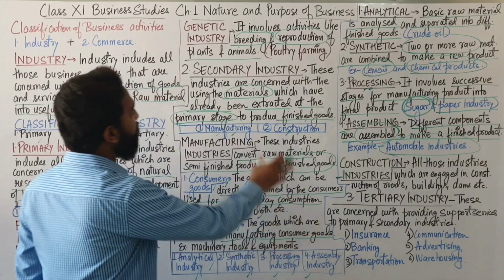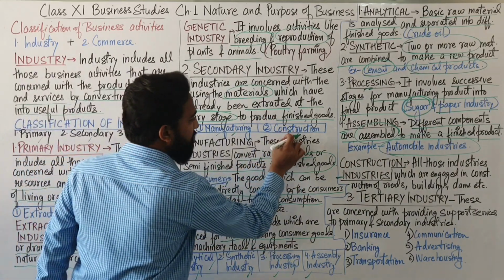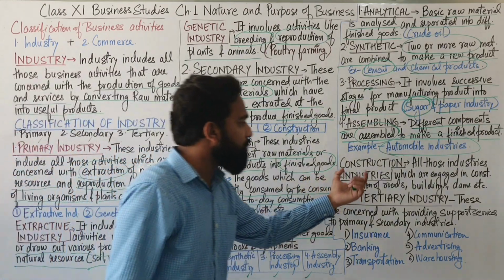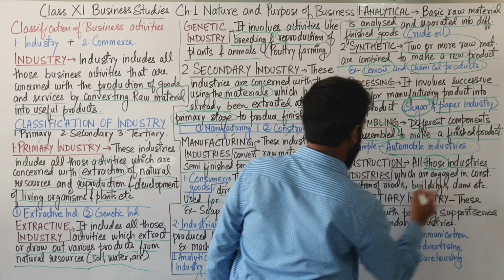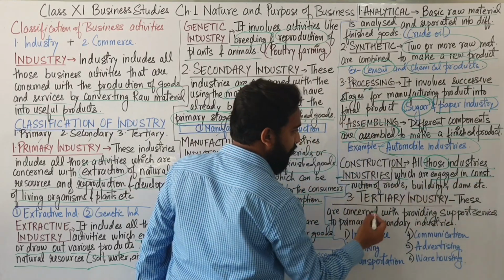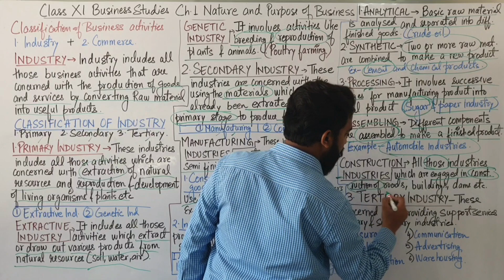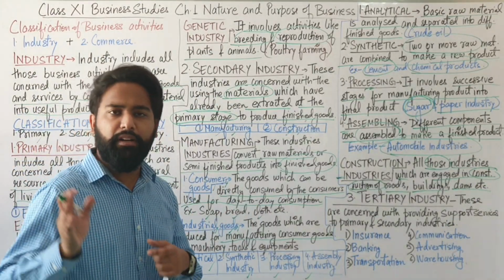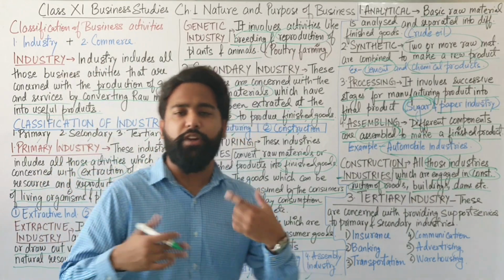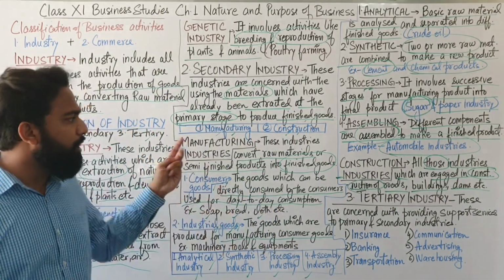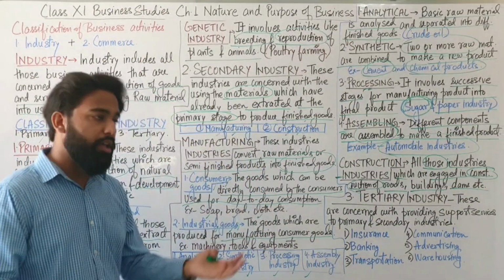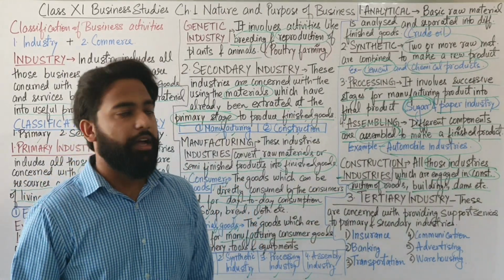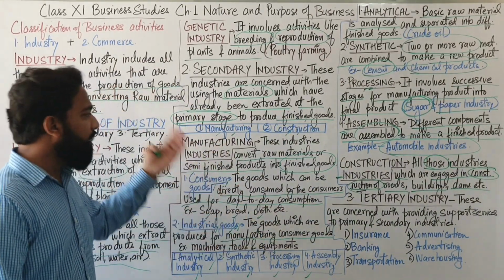The second subdivision of the secondary industry is construction industries, which are engaged in the construction of roads, buildings, dams, etc. They build dams, bridges, flyovers and roads. All such construction activities are done by those industries, known as construction industries. I hope the secondary industry is very clear.